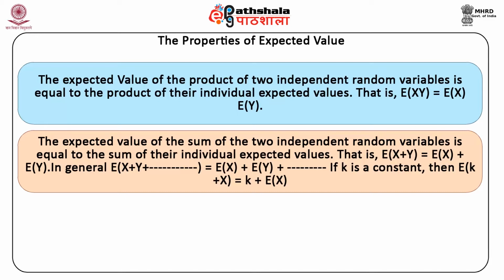That is, expected value of X plus Y is equal to expected value of X plus expected value of Y. In general, expected value of X plus Y plus so on will be equal to expected value of X plus expected value of Y plus so on. If k is a constant, then expected value of k plus X is equal to k plus expected value of X.